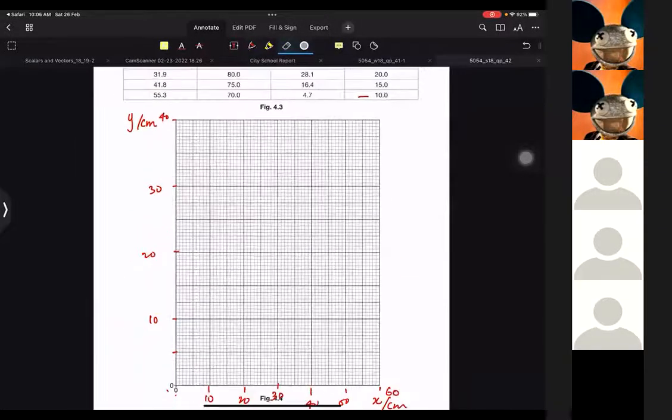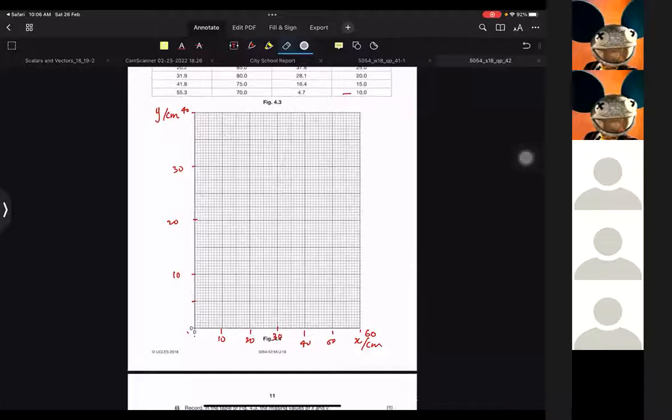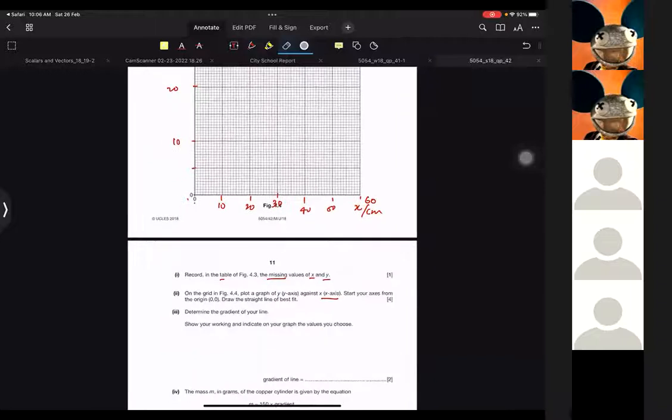Okay, then let's plot some points. It says start your axis from 0, 0, and we have to draw a straight line of best fit.